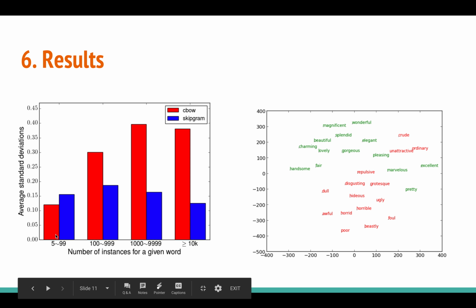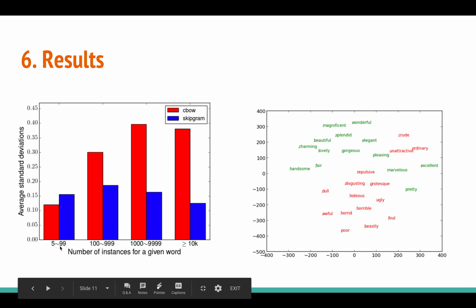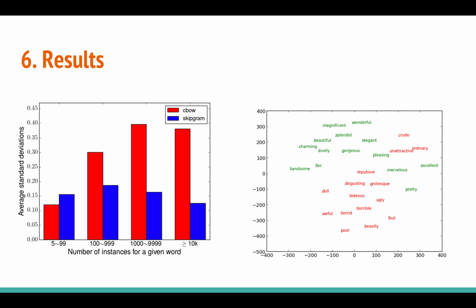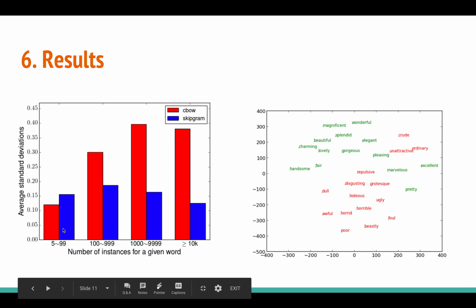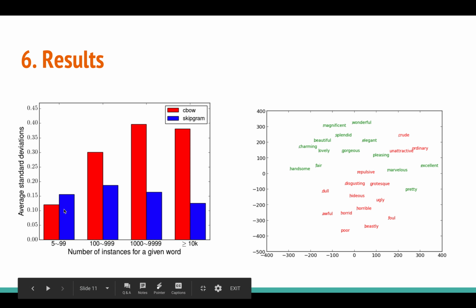So they are obtaining the standard deviation of each dimension of, let's say, a 50 dimensional vector within the words falling within each range. For example, for words occurring fewer than 99 times, they take those words, compute the standard deviation of each dimension within those words, and average these standard deviations for all the words, and that gives those numbers.